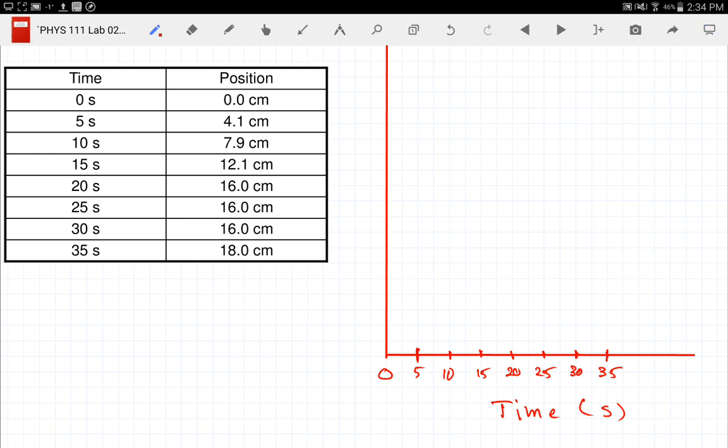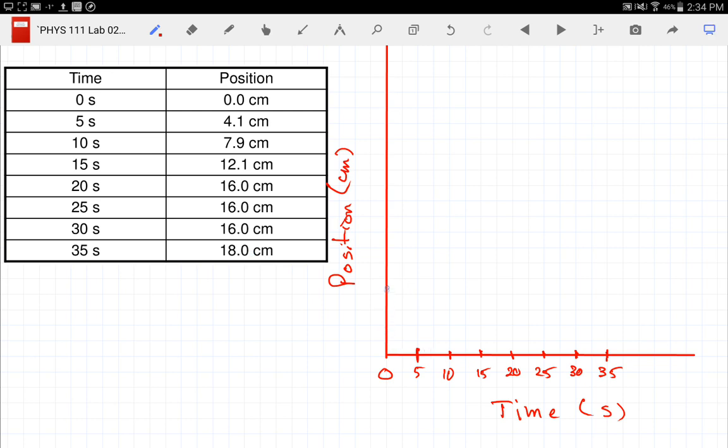Now for the vertical axis, what's going to be plotted on the vertical axis? Position. So I'm going to label this with position. What are the units for my values? Centimeters. And then I need to go up to 18.